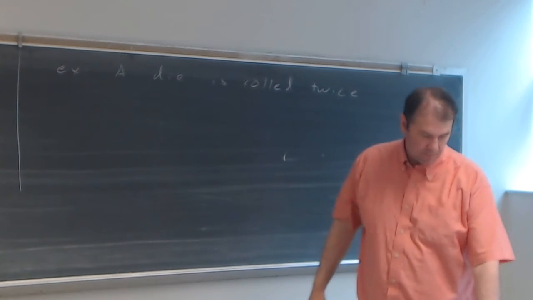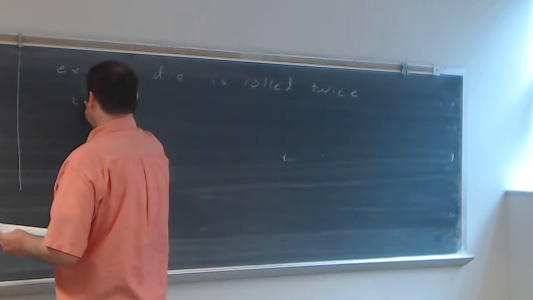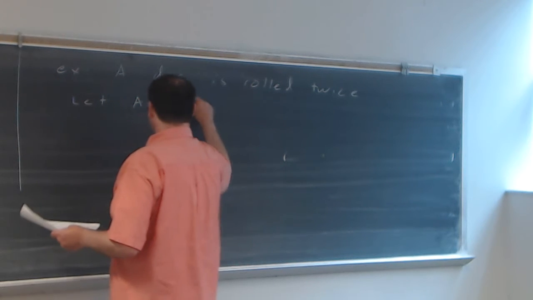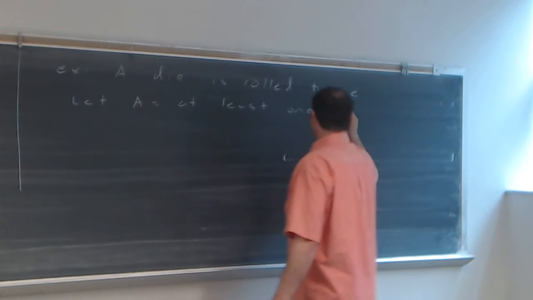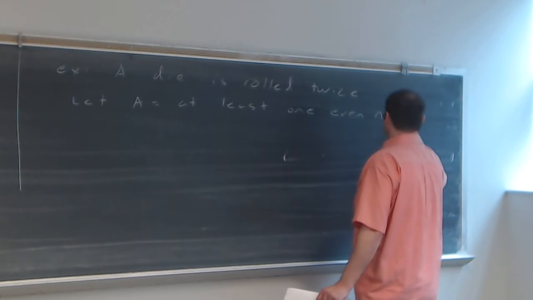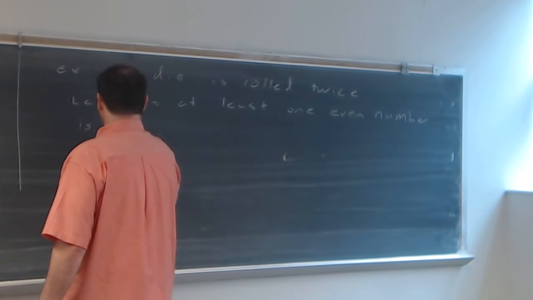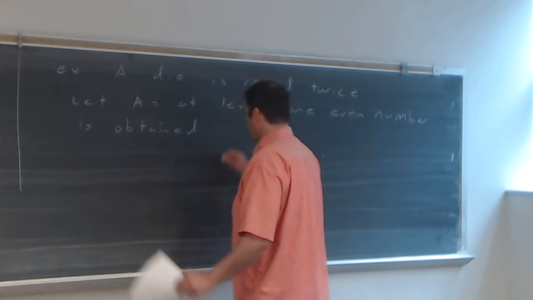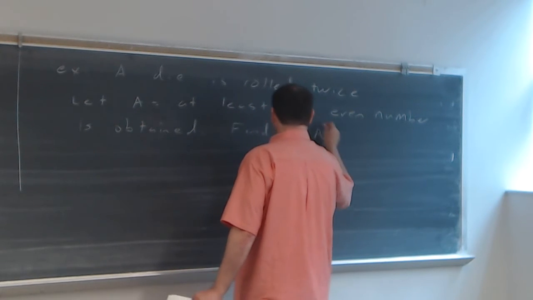The problem is we're going to let A be equal to at least one even number is obtained. So that's an event, and we want to find the probability of that.